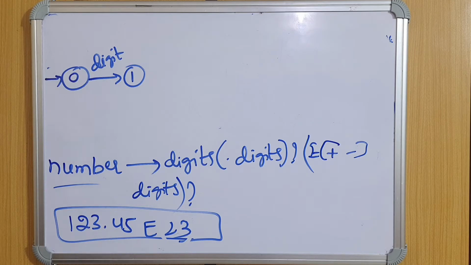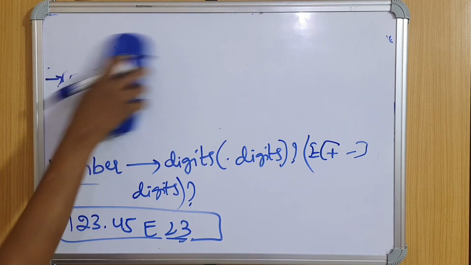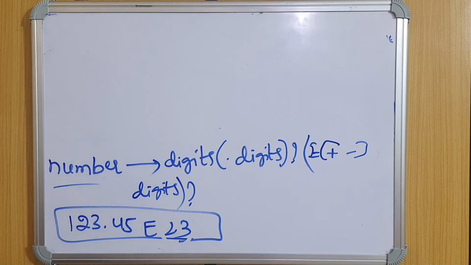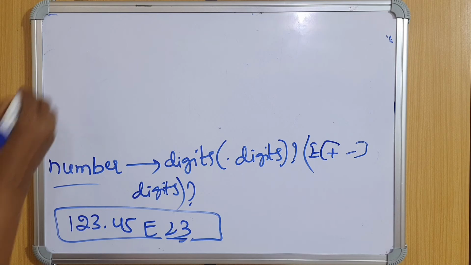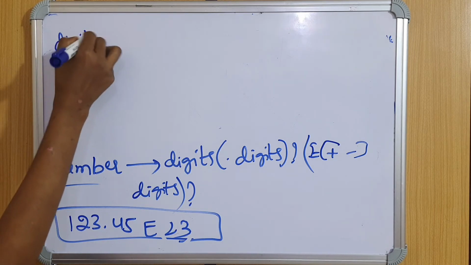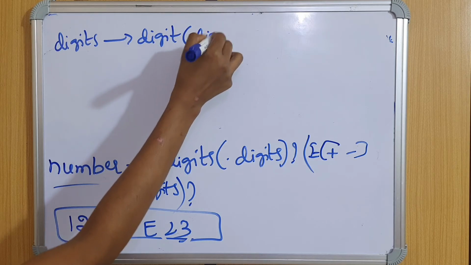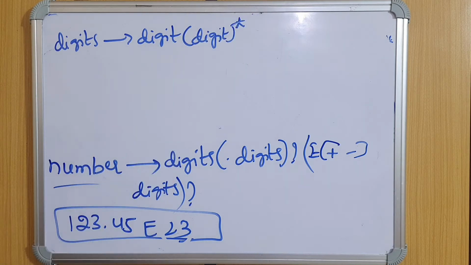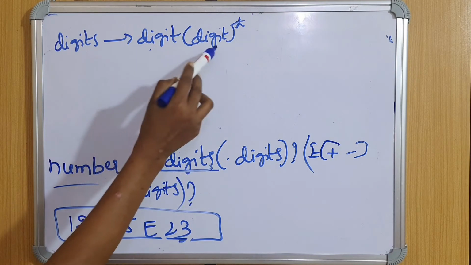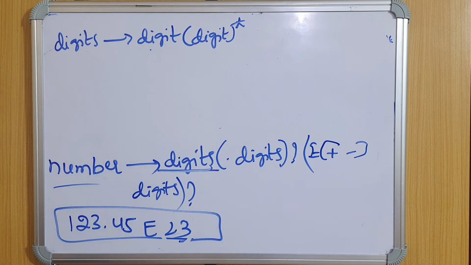Digit is different, digits is different. In the place of digits, you have to write digit, in parentheses, digit star. Digits means digit plus digit star. Clear?